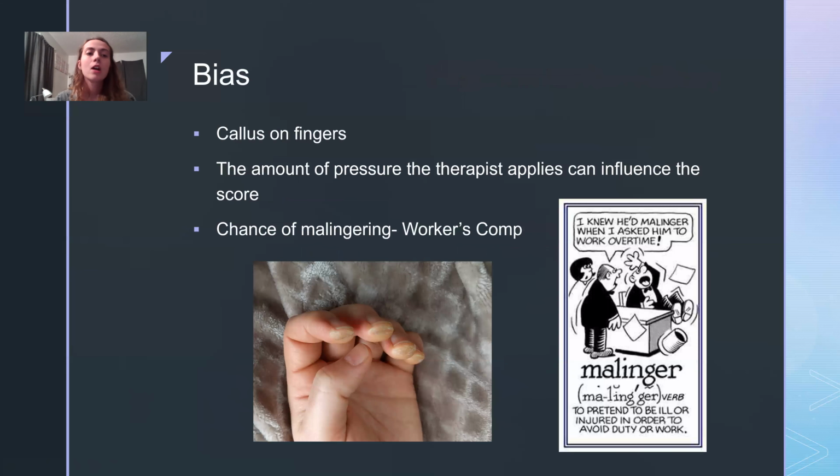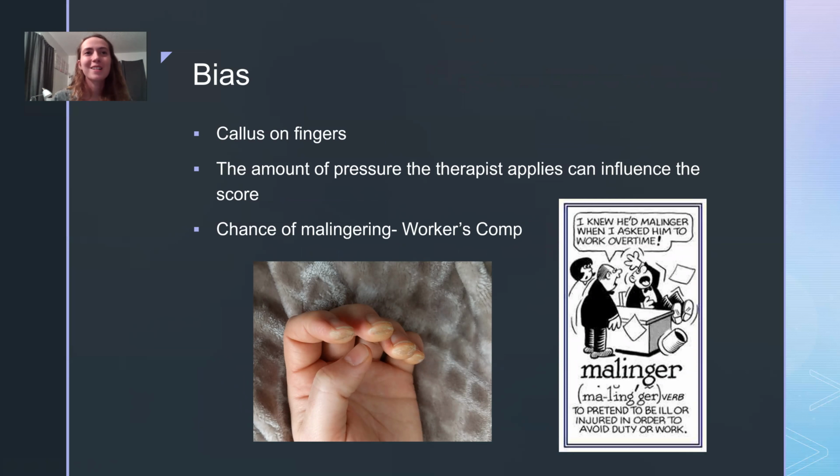Okay, so bias. One thing that I did think about is callus on the finger. We're always considering people's occupations. If you have a construction worker come in for workers' comp, you might have to consider callus on their fingertips. If you've ever had a callus before, you know it changes the way you feel things, and you most of the time have decreased sensation. Another thing that can cause bias is the amount of pressure the therapist applies.